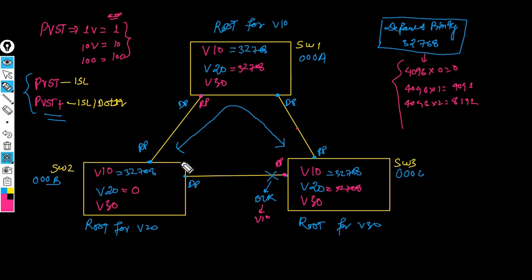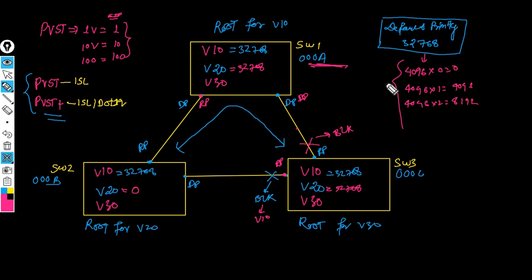If the cost is the same, then it will check for the lowest MAC address: 00A, 00C. The lowest MAC address is 00A, so this is going to be your designated port, and this is going to be blocked. Blocked for what? Blocked for VLAN 20.